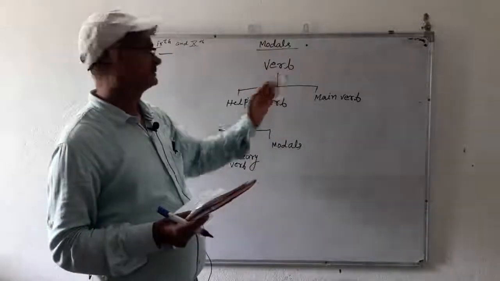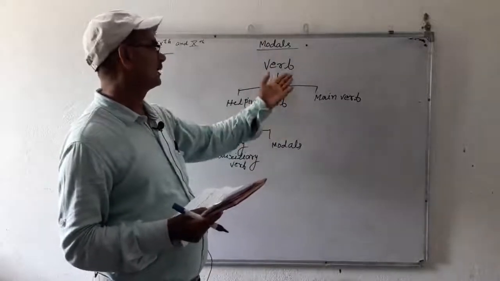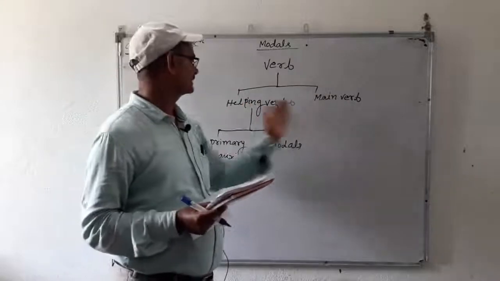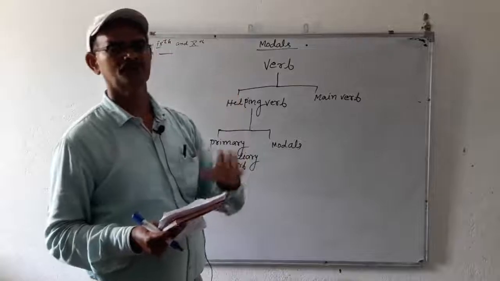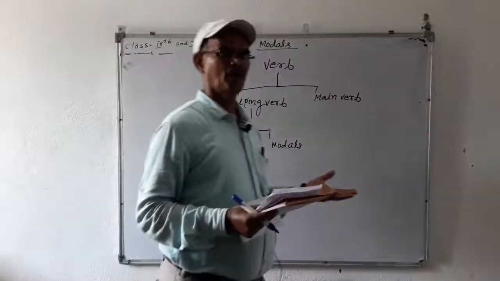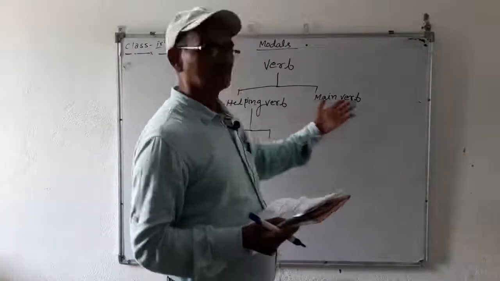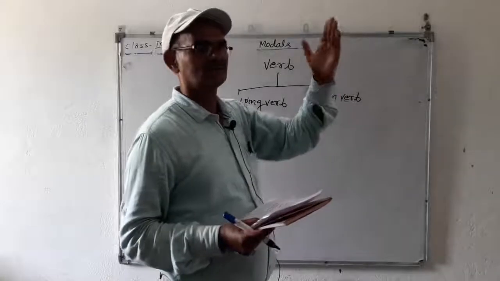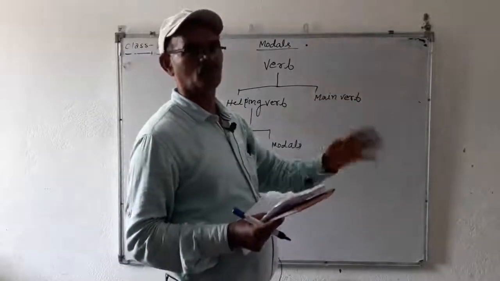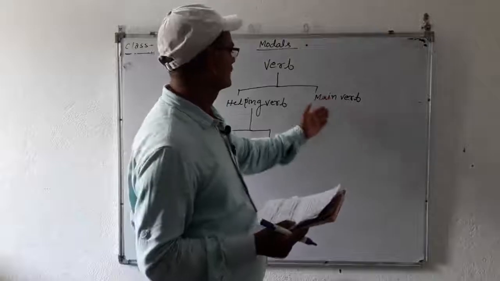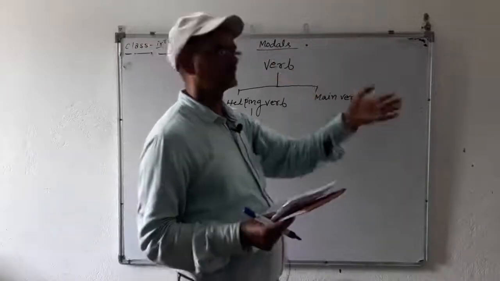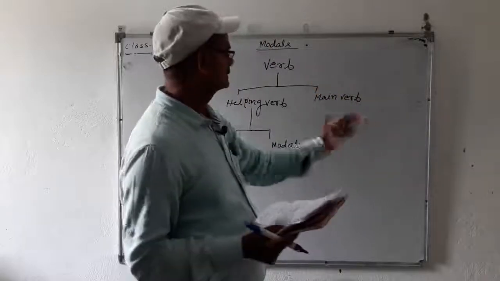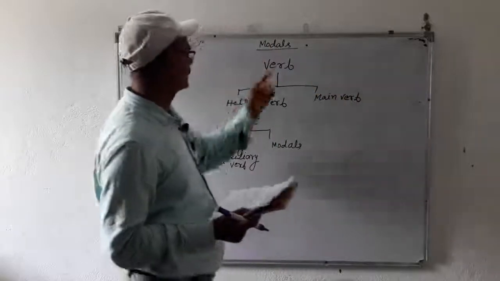According to their use, verbs are divided into two groups: helping verb and main verb. Main verbs are come, sit, eat, sleep; all these words are main verbs, and you will learn about main verbs in another chapter, but today's topic is modals.